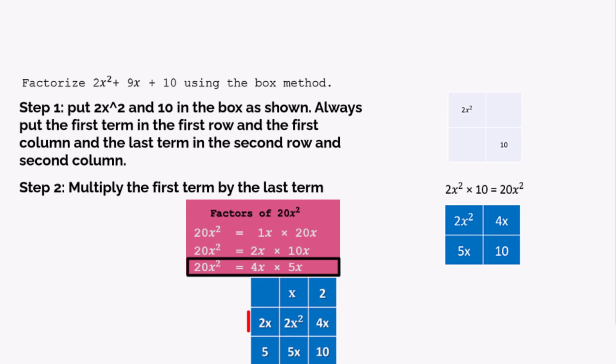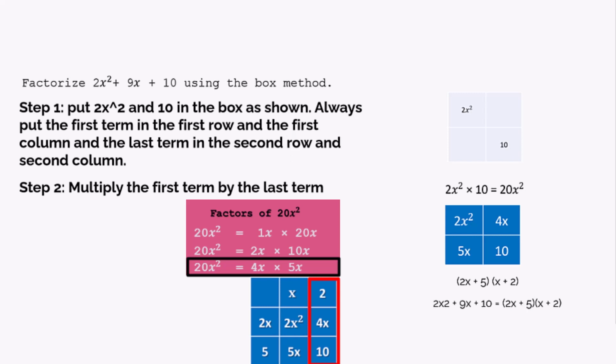The HCF of 5x and 10 is positive 5. Moving to the columns, the HCF of 2x squared and 5x is x, and the HCF of 4x and 10 is positive 2. So, the factors are 2x plus 5 and x plus 2.